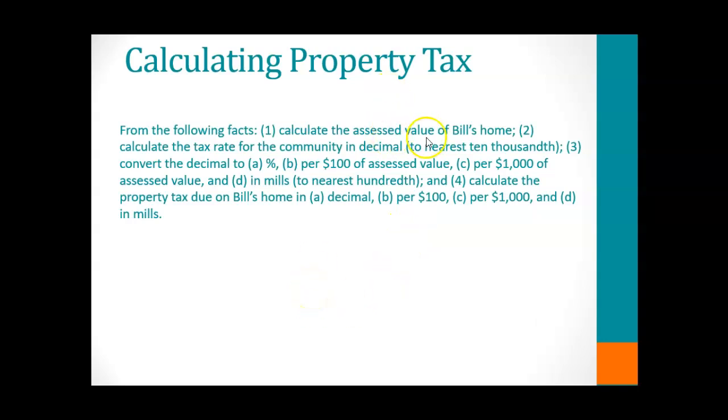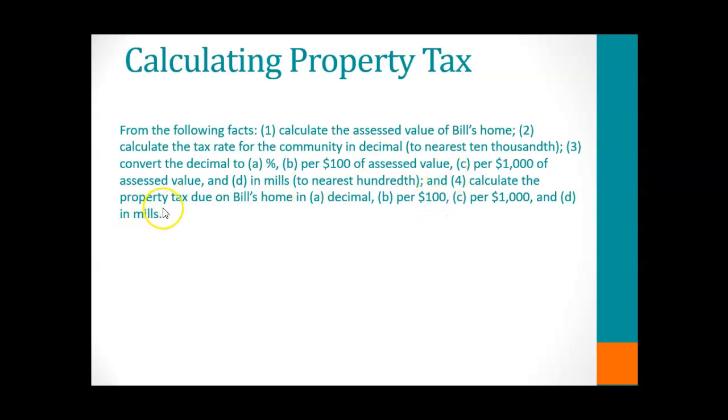For example, calculate the assessed value of Bill's home, calculate the tax rate for the community in decimals, and we're going to look at it from the standpoint of a percentage per $100 of assessed value, per 1,000 of assessed value, and what we call mills to the nearest hundred. We'll discuss that.